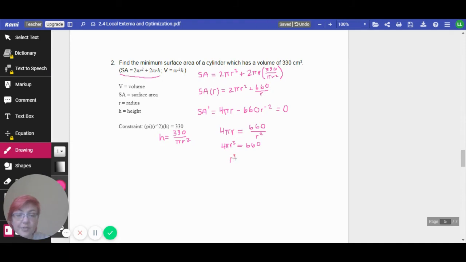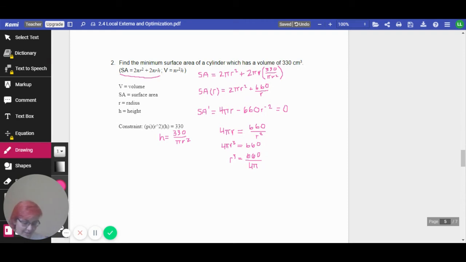So r cubed equals 660 over 4 pi. Now I have to take the cube root of both sides. And it's at this point that we're going to kind of forgo what I said about not using decimals. We're using decimals. We're going to round it to 3 sig figs.